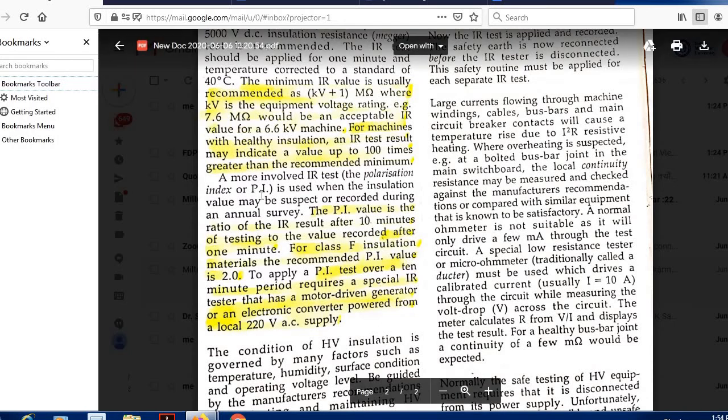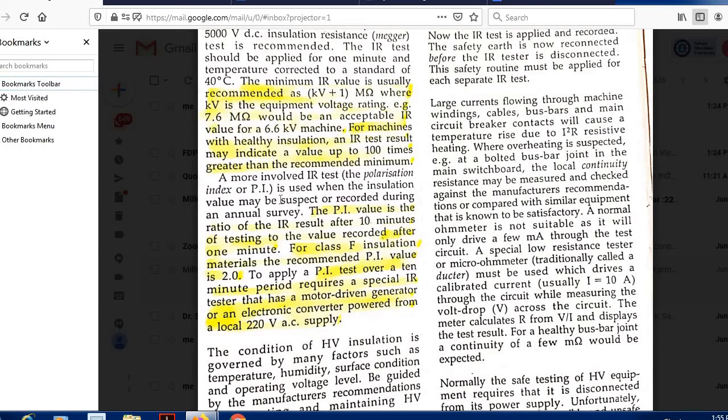You know what a polarization index test is, and why we have to do this test for a high voltage system. We are not doing it for a low voltage system. Why are we doing it? Because where the temperature variation is more, the normal insulation reading through measuring will not be very accurate.